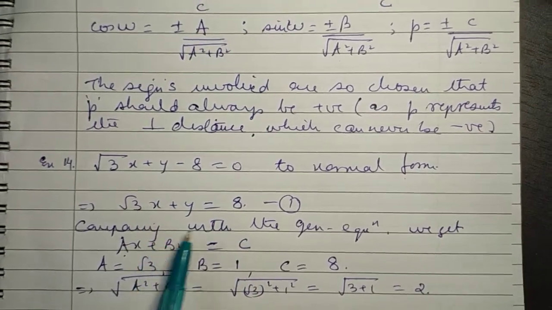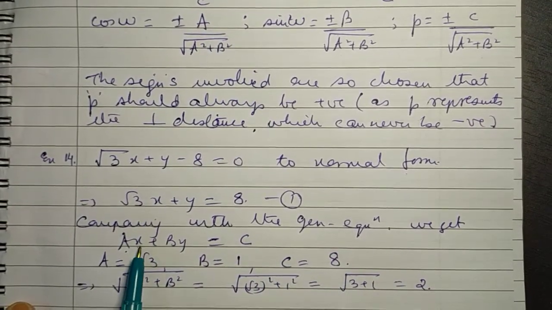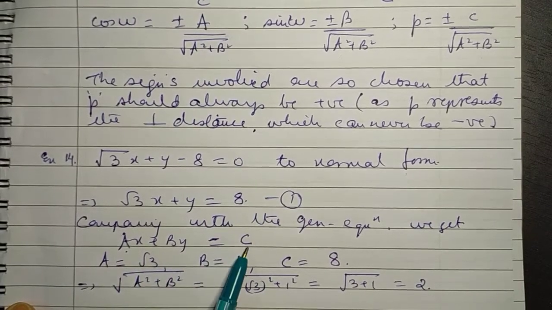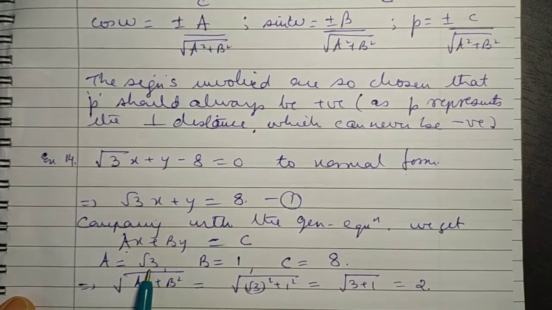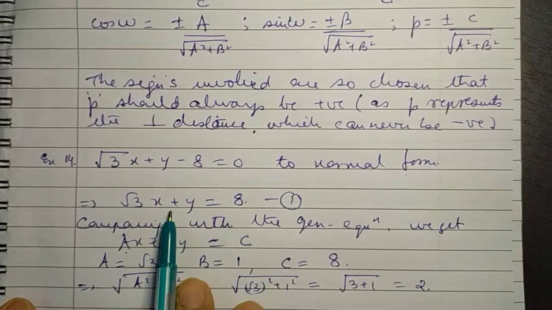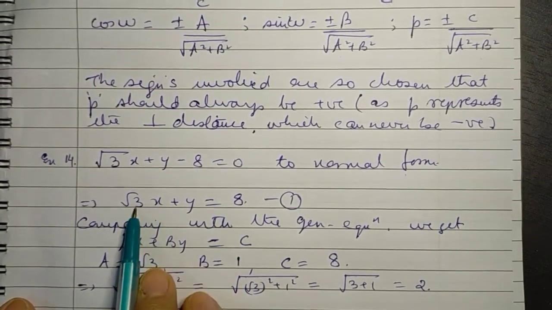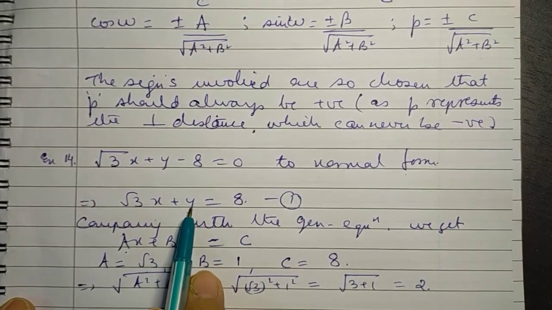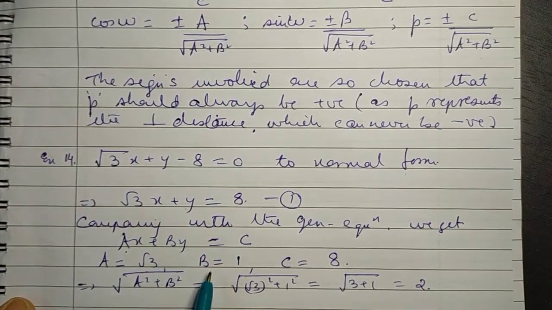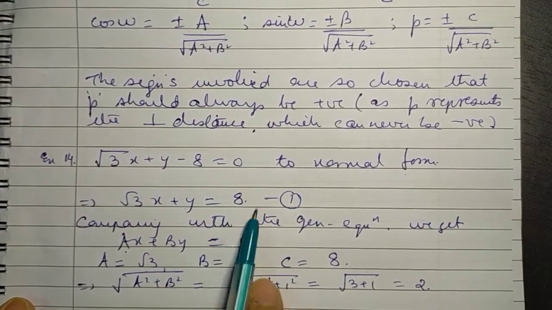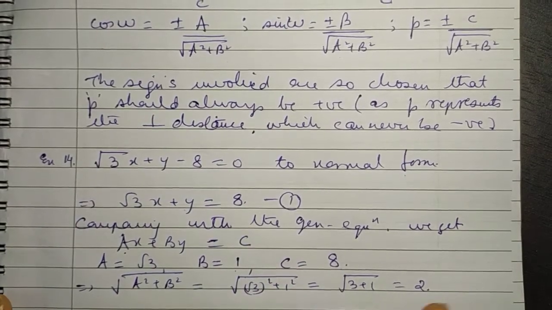Okay, so comparing it with the general equation ax plus by equal to c, we get a is root 3, b is 1 and c is 8. a is the coefficient of x, which is root 3, b the coefficient of y, which is 1, and c the right hand side, which is 8.